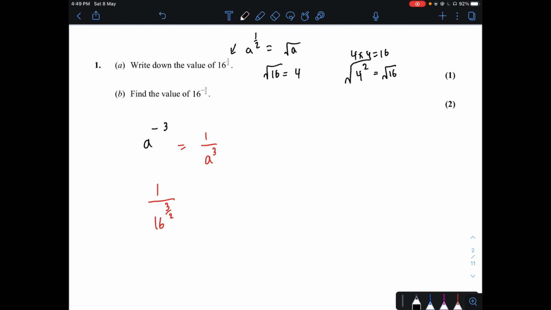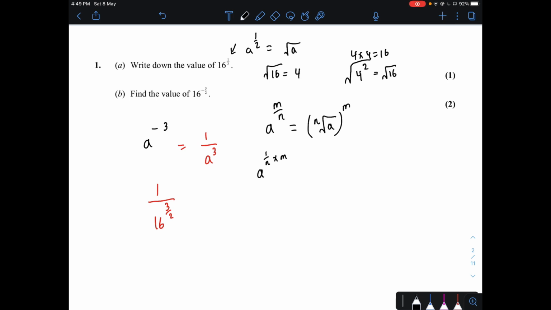Now, when you have a fraction in the exponent, we have the following rule. We have a to the power m over n. We take the nth root of a and we put it to the power of m. Let's break it down even further. We have a to the power 1 over n, times m.